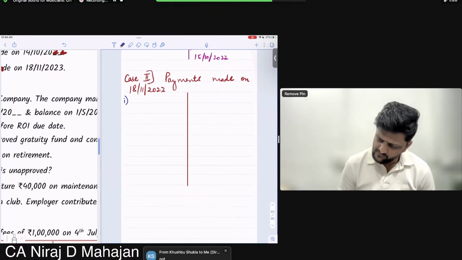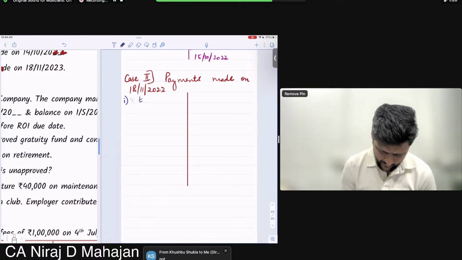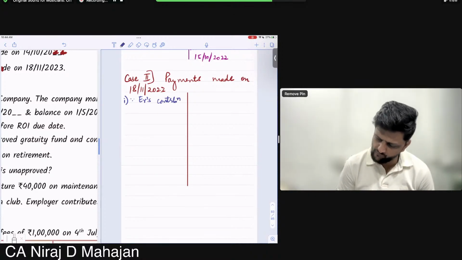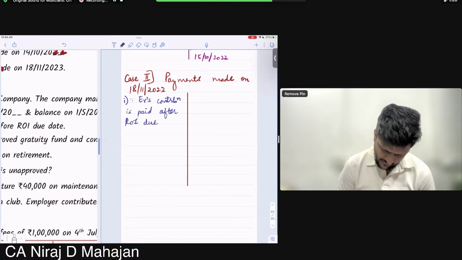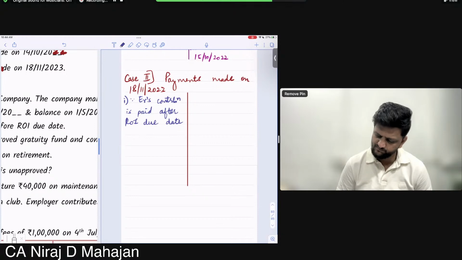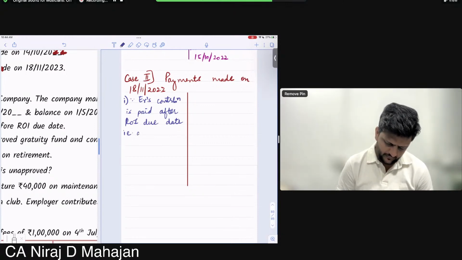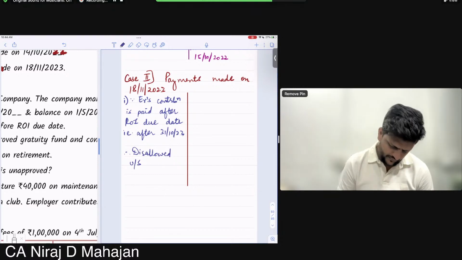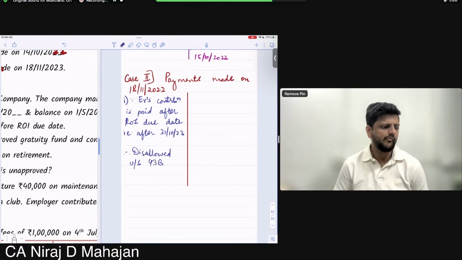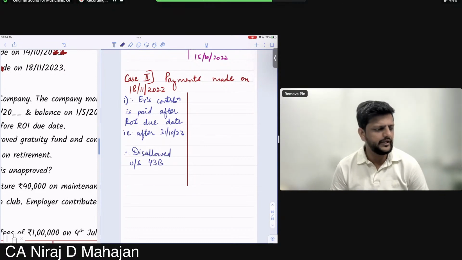Since the employer's contribution is paid after the ROI due date, therefore disallowed under section 43B. Fine.